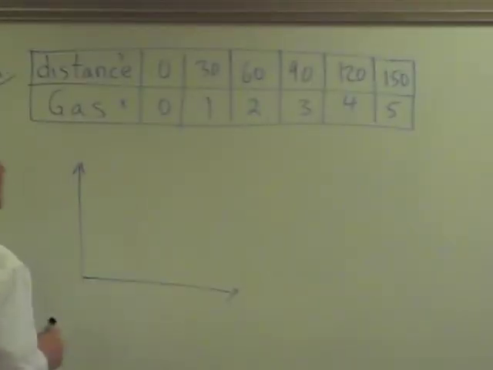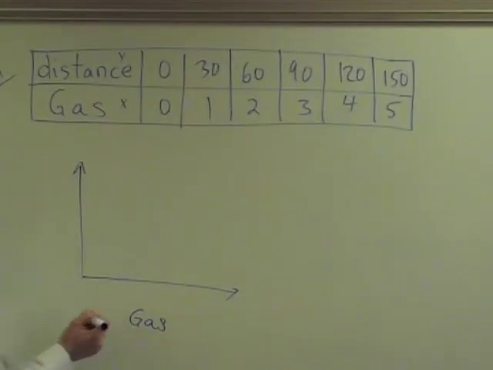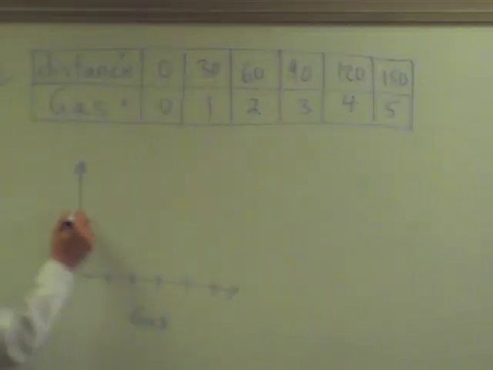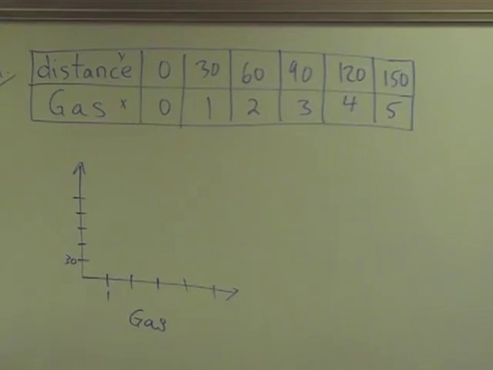So now if we change this and make a graph, and our gas is our x, that's how many gallons we have, 0, 1, 2, 3, 4, 5. And we're going to go by 30s here, 30, 60, 90, 120, 150. Okay? So now plot all the points.